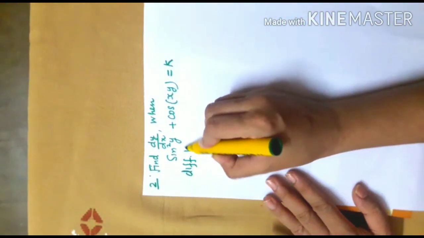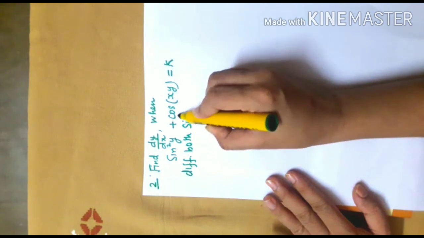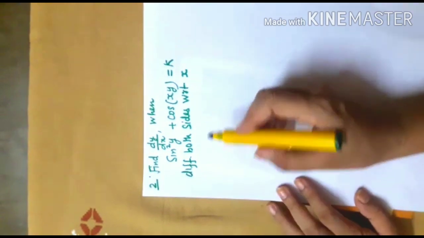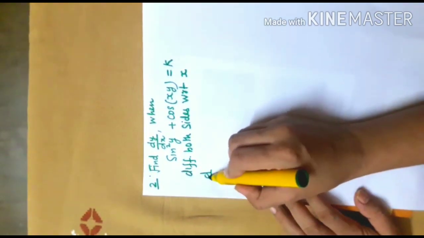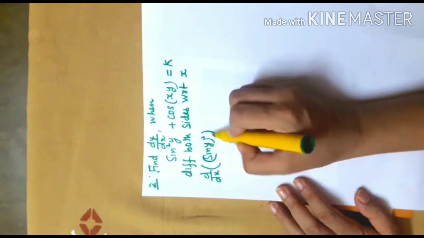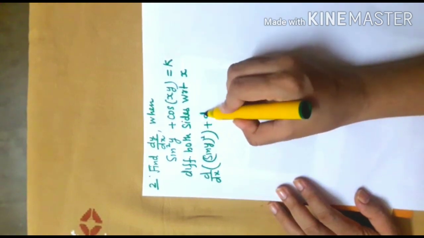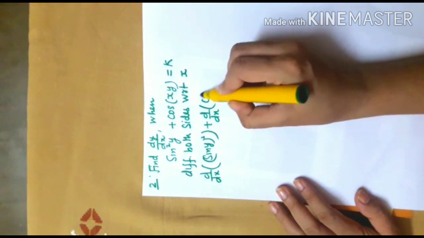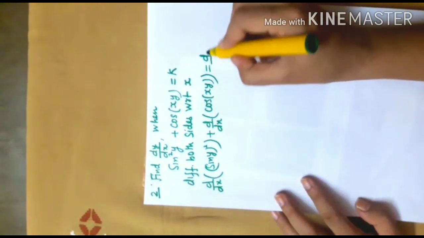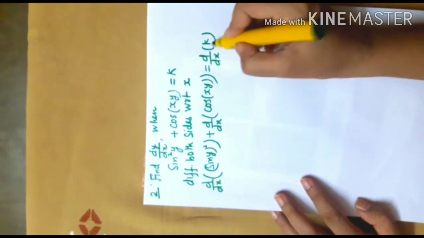So differentiating both sides with respect to x, I'll get here d by dx of sine y whole square plus d by dx of cos xy equals d by dx of k.